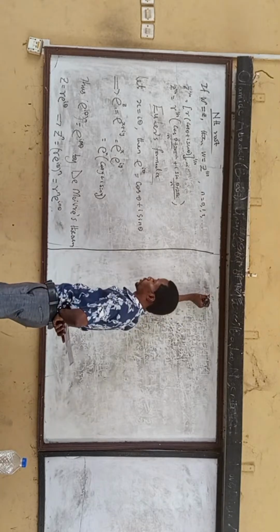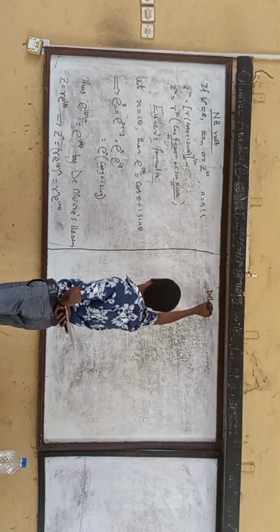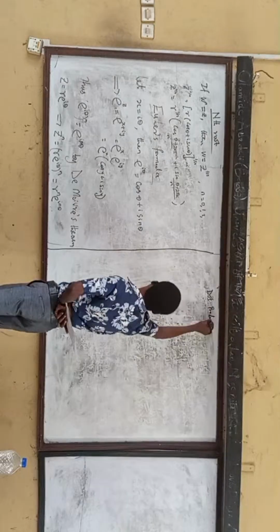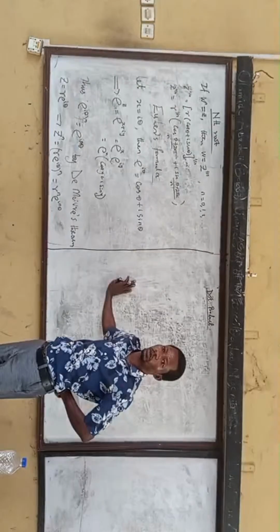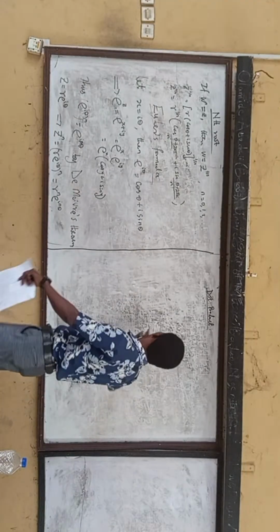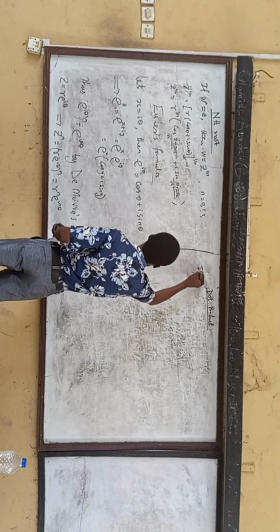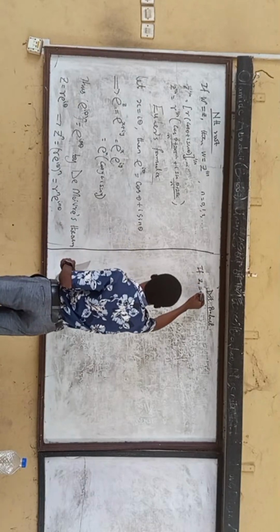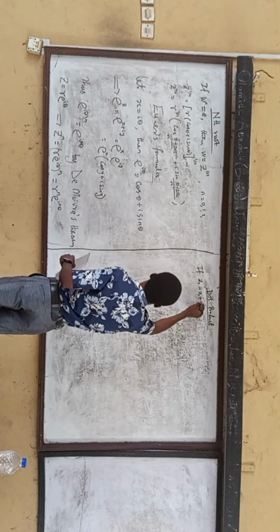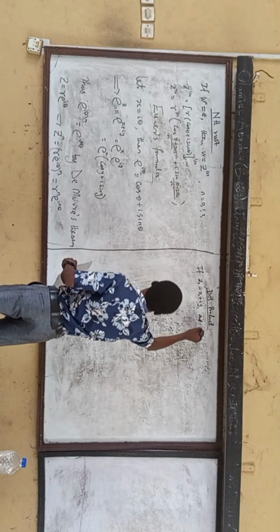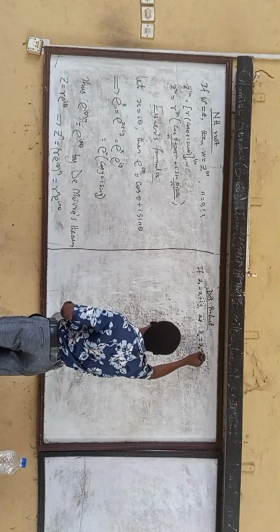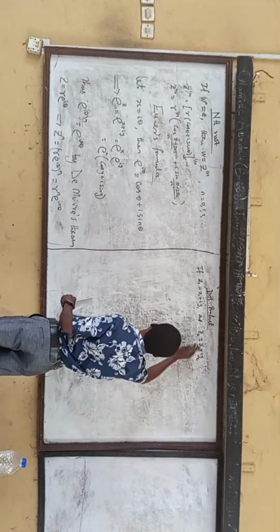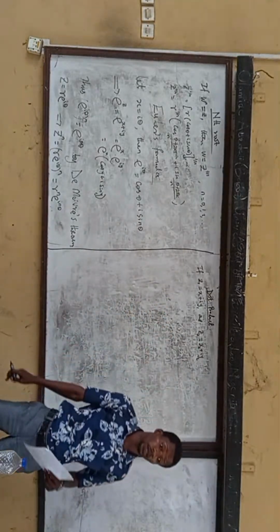So let us revise this. We do the dot product and the vector product. If you take z1 to be x1 plus i y1, and our z2 to be x2 plus i y2, z1 and z2, they are vectors.